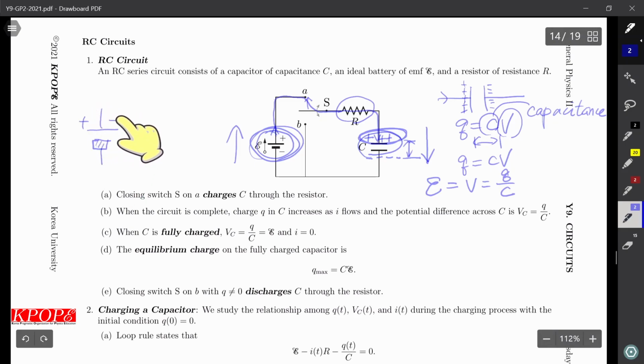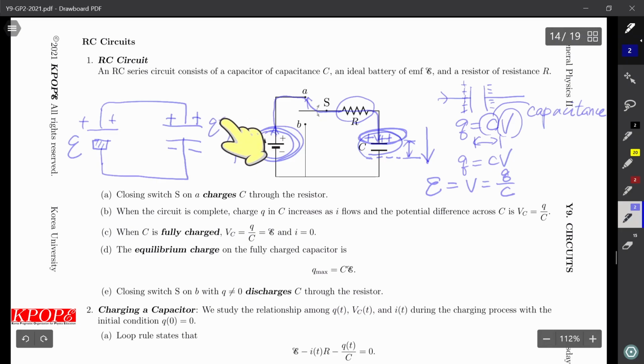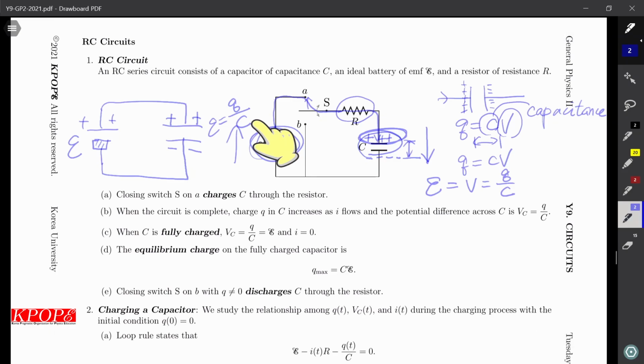This is the positive terminal, and this capacitor has positive charge and this negative charge, and this is E, and E becomes Q over C, where C is the capacitance of this capacitor.